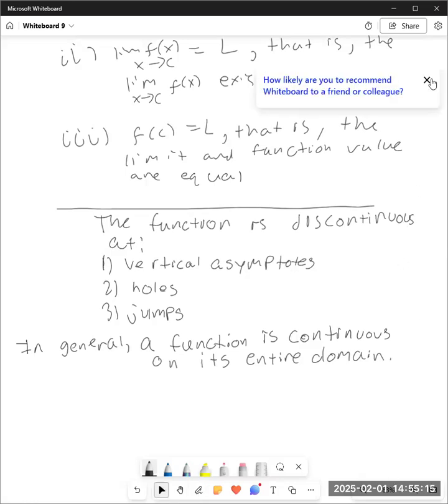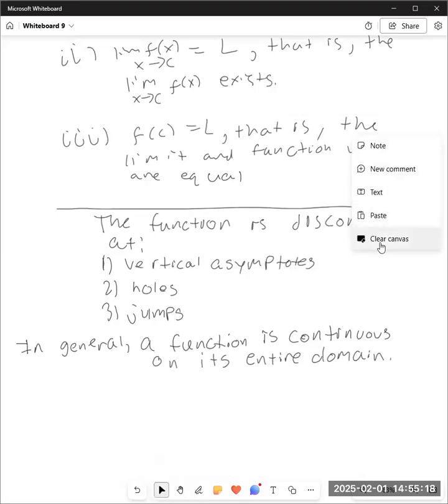Number one asks me about f of x is equal to 5x cubed minus x squared plus 2. So if I ask you where that function is continuous, it's continuous on its entire domain. So we would just call that a continuous function, right? And the question here is determine whether the function is continuous on the entire real number line.